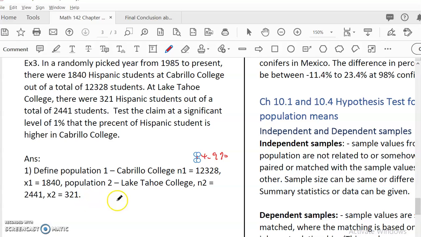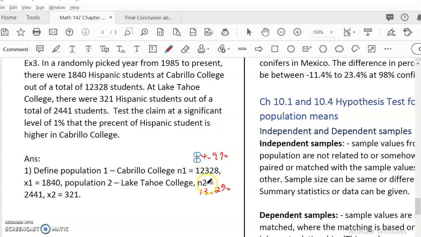So that's 13.2%. So obviously there's a difference, but they're quite close, right? But the sample size is quite large. So can we say that they're the same?